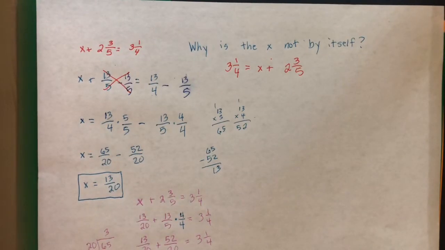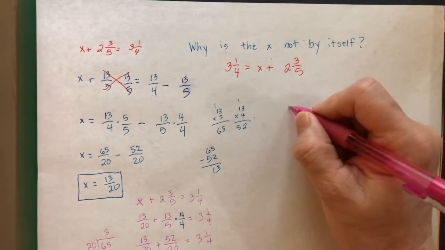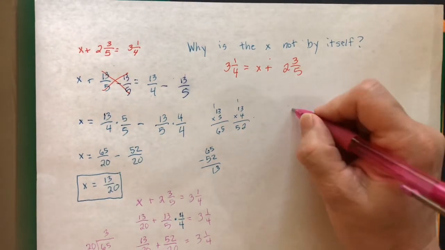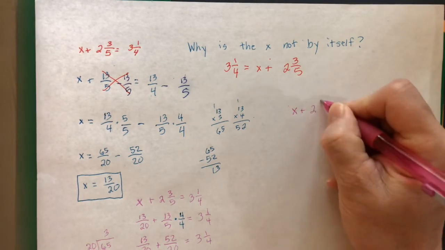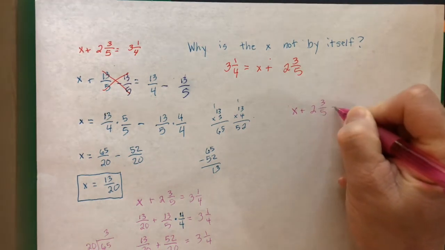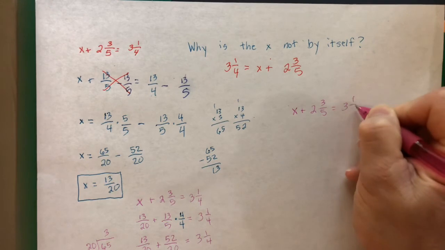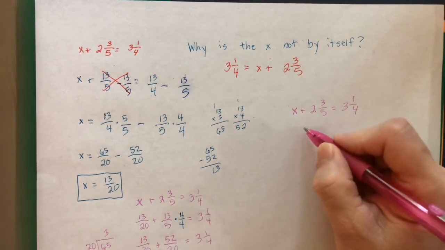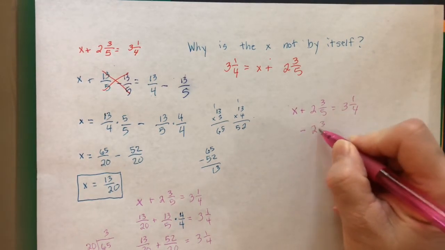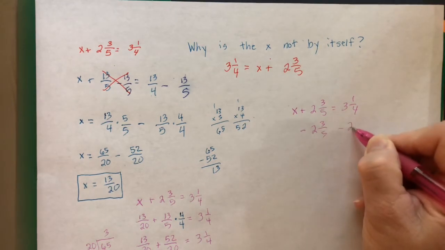Now, let me show you another way you could have written this. When we started with this problem, x plus 2 and 3/5 equals 3 and 1/4, you could have subtracted like this right here, 2 and 3/5 minus 2 and 3/5.